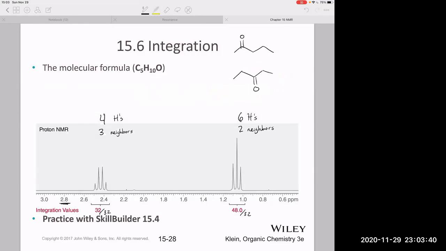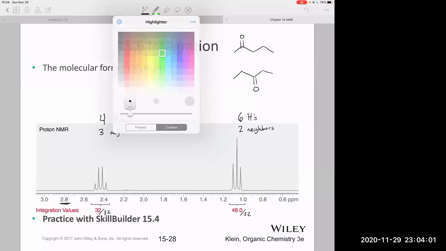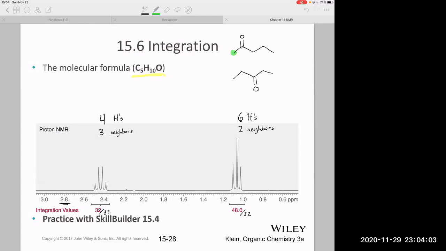Okay, so these are my 2 options that I've been able to narrow it down to based on the molecular formula, but also my chemical shift signals, right? So where on the spectrum these peaks lie. So now I can go through and figure out what my number of signals should be for each one of these. In this molecule here, these are methyl groups.